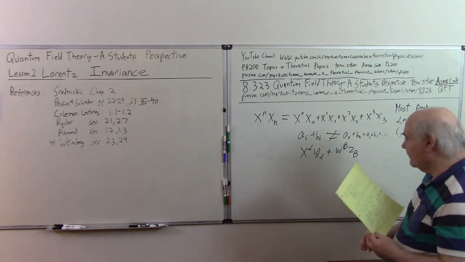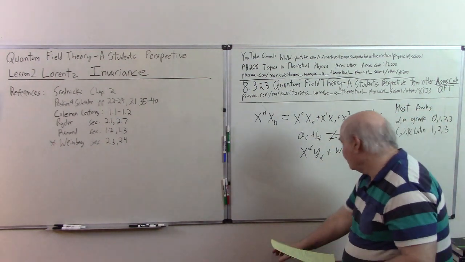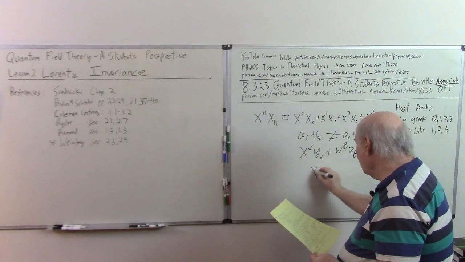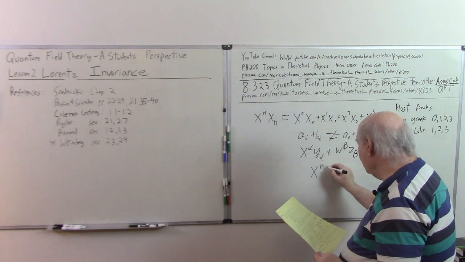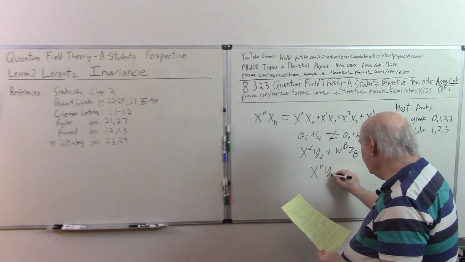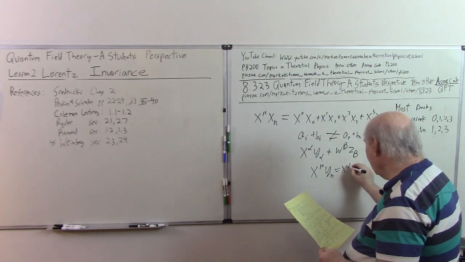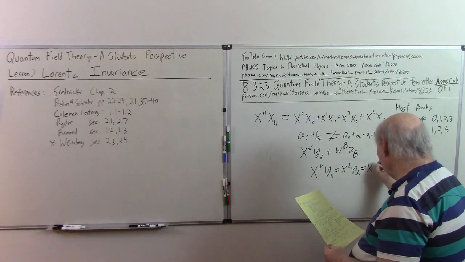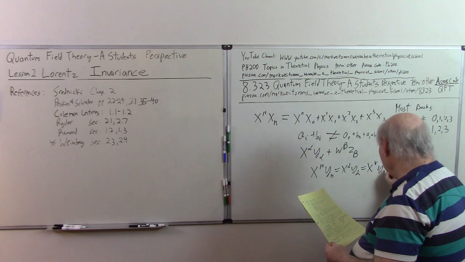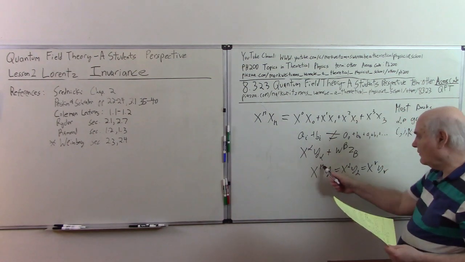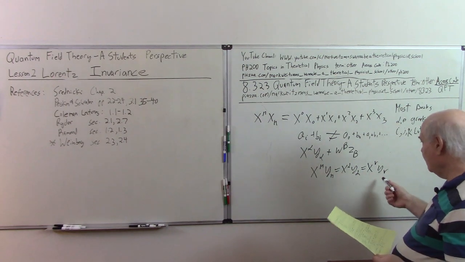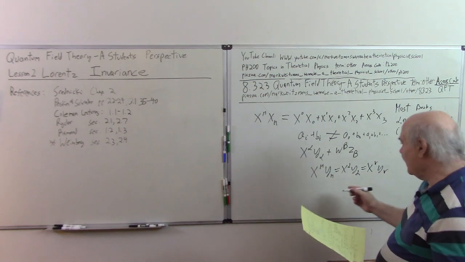Another thing which sometimes confuses novice students is it should be very obvious that X^mu Y_mu is equal to X^alpha Y_alpha, is equal to X^nu Y_nu. You can change the names. These are called dummy indices. You can change the names of them, but you can't change them to an index you already have.